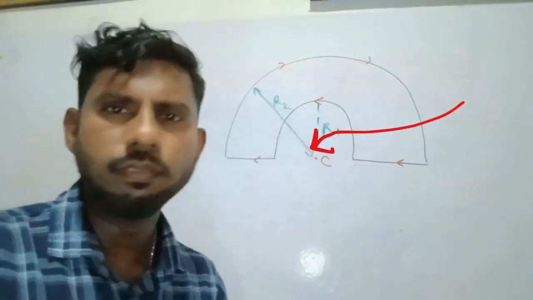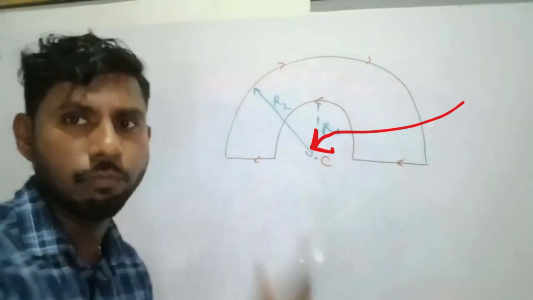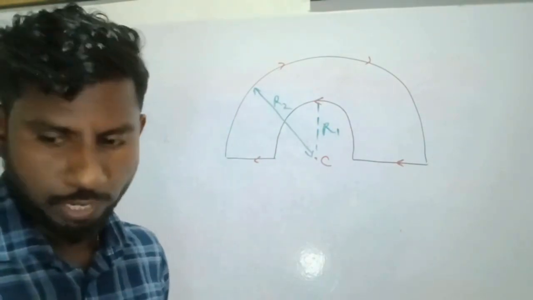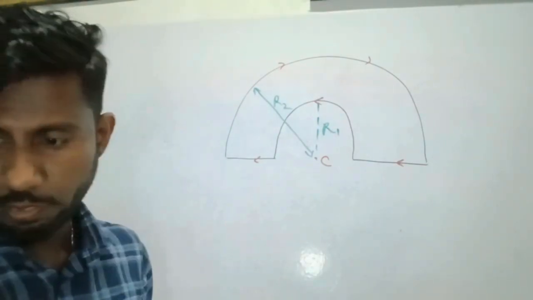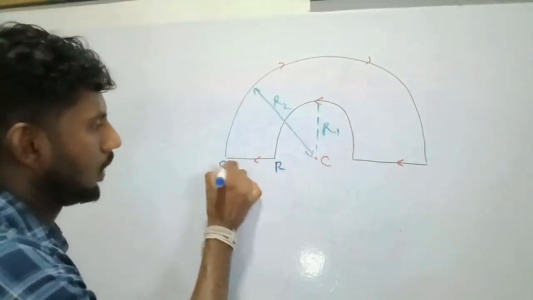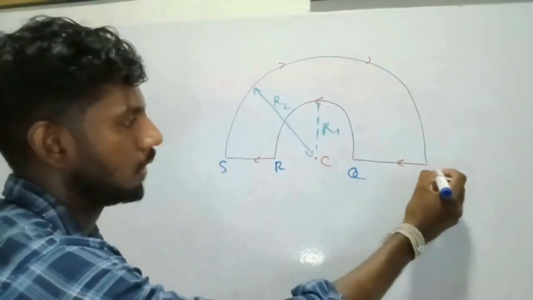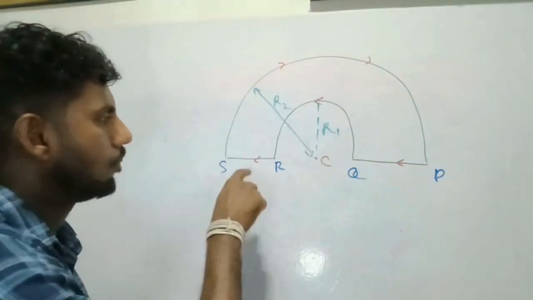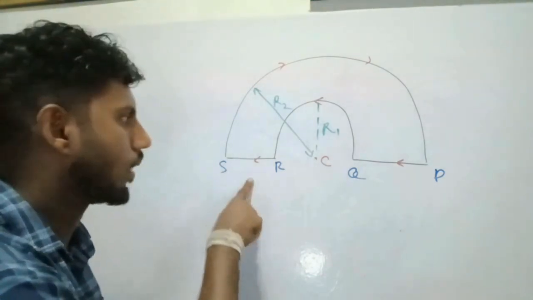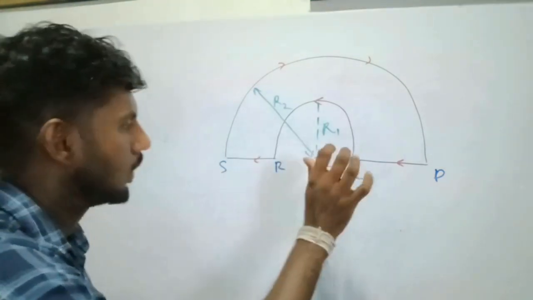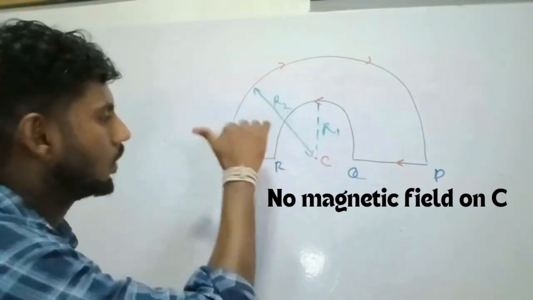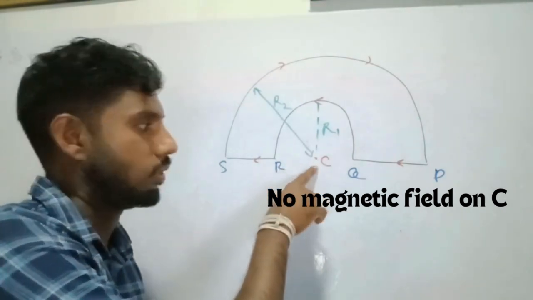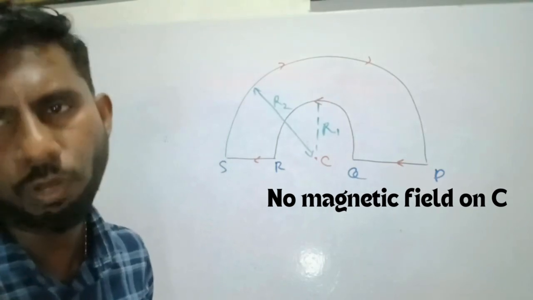Again, using the very same method as in the previous question, we need to find the direction of the magnetic field. Let's write the letters they have given us: this is R, S, here Q, P. From the RS part, current goes in this direction, so it can create a magnetic field only in the perpendicular direction, not at C. The same goes for QP.